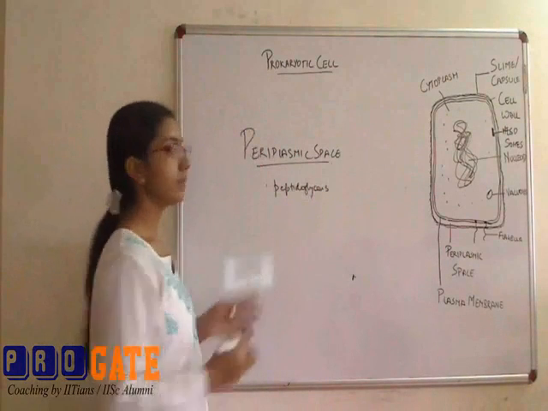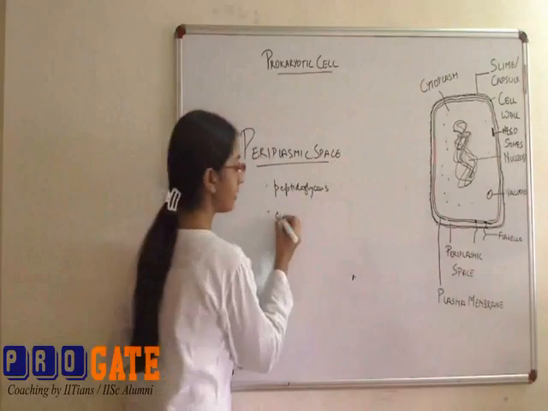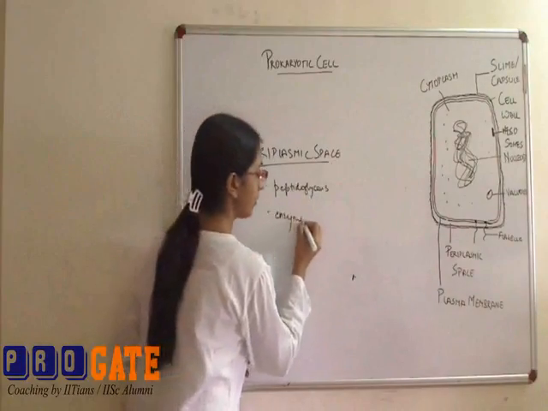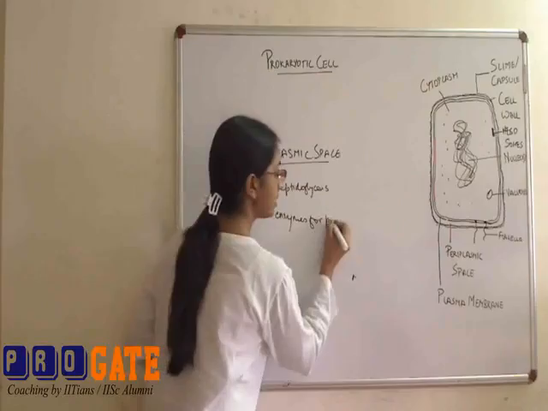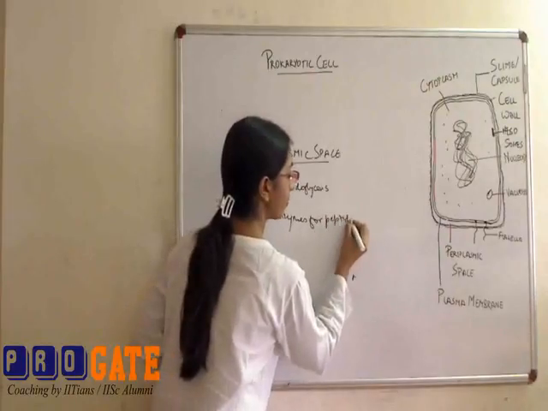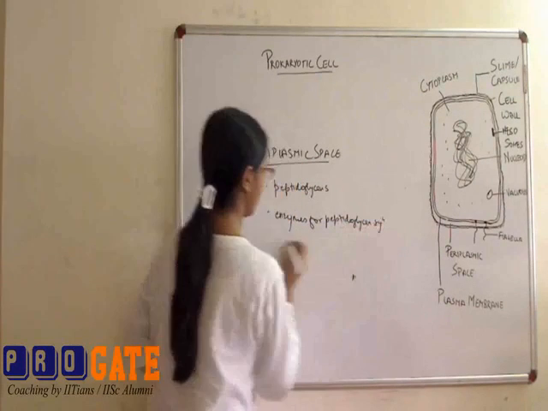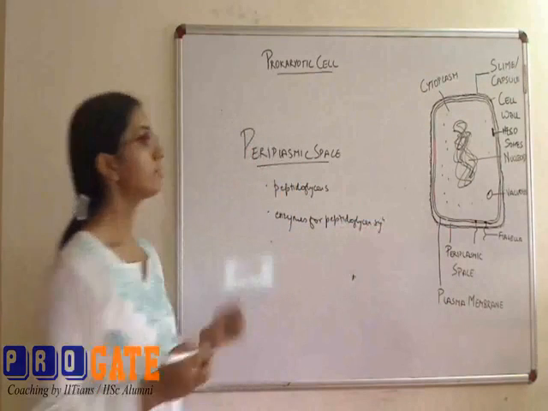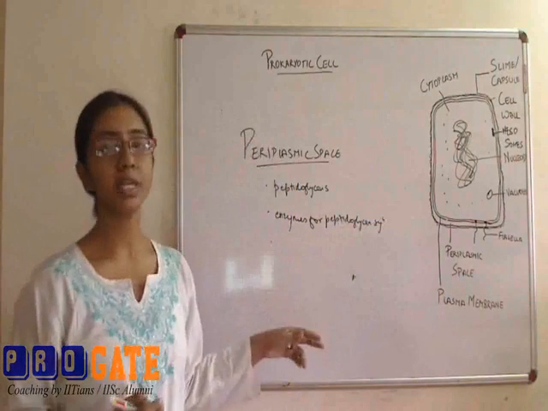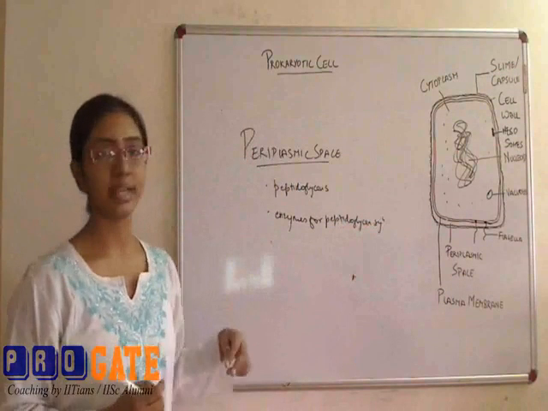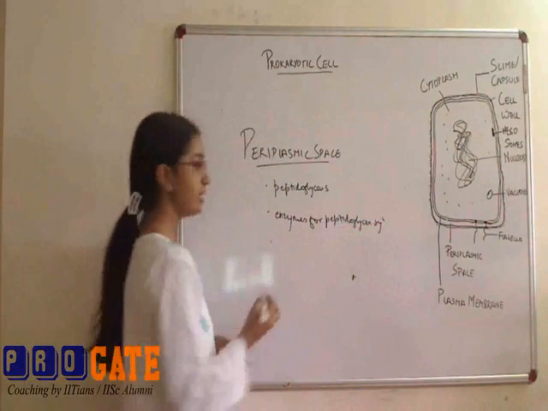Therefore, since it has peptidoglycans, it would definitely have enzymes for peptidoglycan synthesis. Also, it has been found that the periplasmic space contains certain enzymes for the ATC or respiratory system.